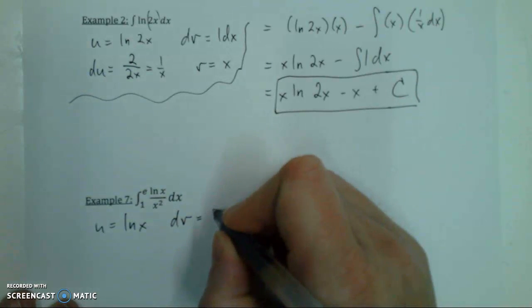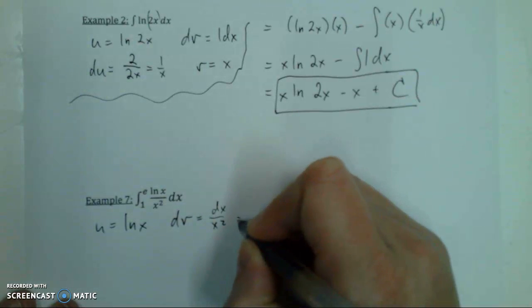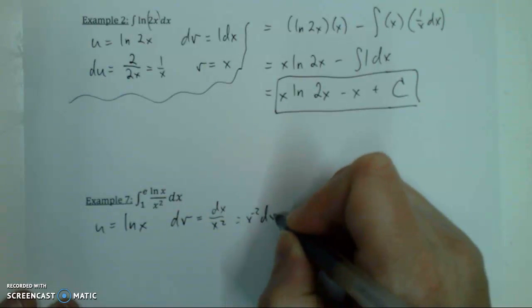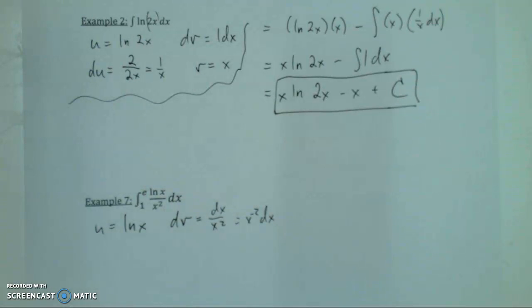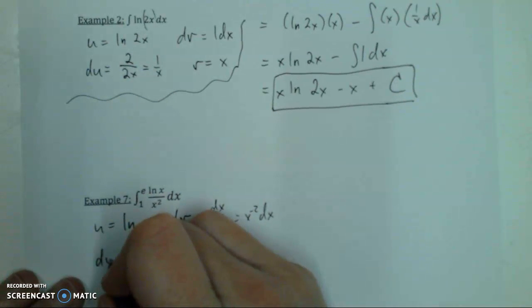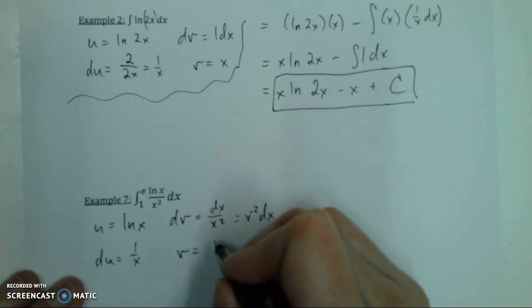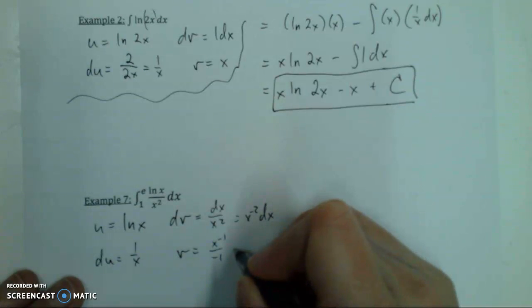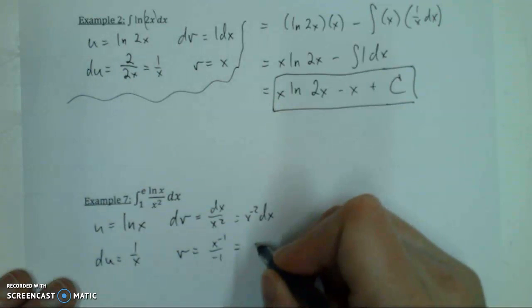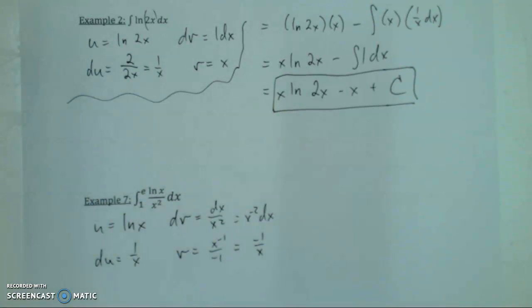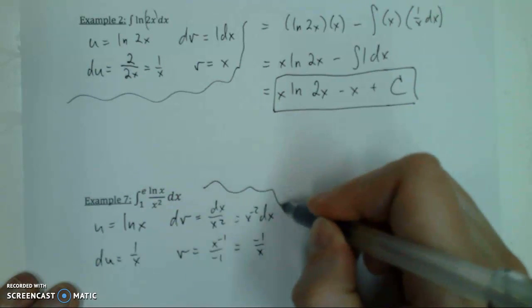Well, in that case, the dv is dx over x squared. And to help us integrate, let's rewrite that with a negative exponent. So my du is 1 over x, and my v is going to be x to the negative 1 over negative 1. And if you want to just rewrite that as negative 1 over x, we certainly can.